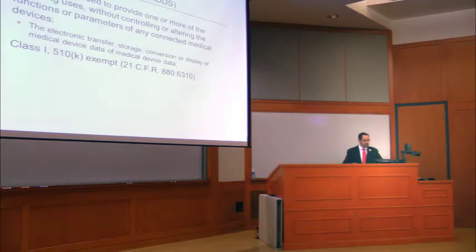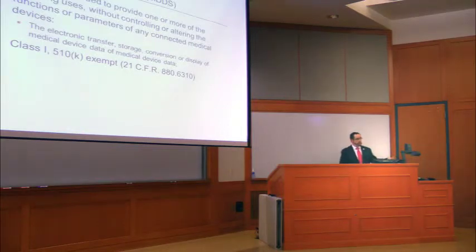Basically, once you start taking electronic data from a device without controlling the medical device, then you fall within FDA's regulatory category of an MDDS. That's a Class 1 device. It is 510(k) exempt, meaning you don't need to have a pre-market submission for it. But you can't do anything with that data other than transfer, store, convert, or display it.